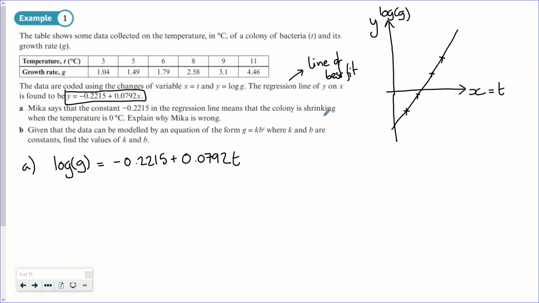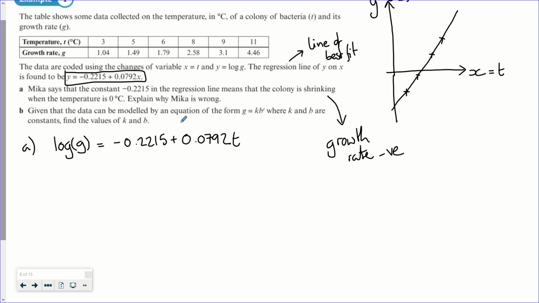So this might help us answer the question. Well, if the colony is shrinking, this means that the growth rate would be negative. So what we want to try and do to explain why she's wrong is actually show that the growth rate's positive and show that the colony is actually increasing in size.